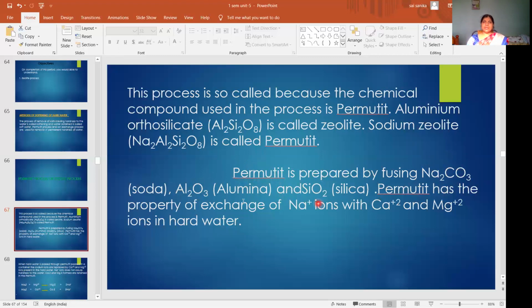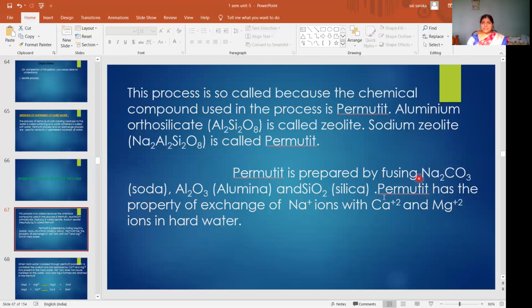It has the property of exchanging Na+ ions with Ca2+ and Mg2+ ions present in hard water. What property does this permutit have? Exchanging Na+ ions with Ca2+ and Mg2+ ions present in hard water. In hard water, what cations are present? Either Ca2+ or Mg2+ ions.